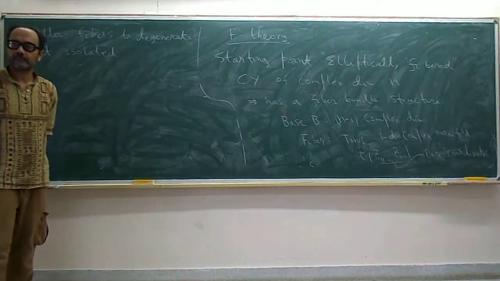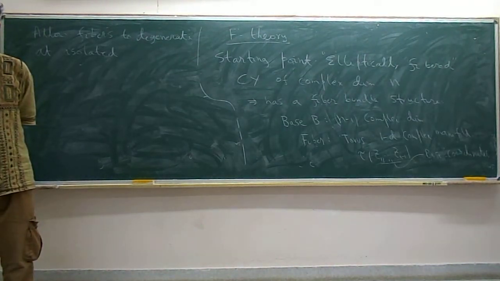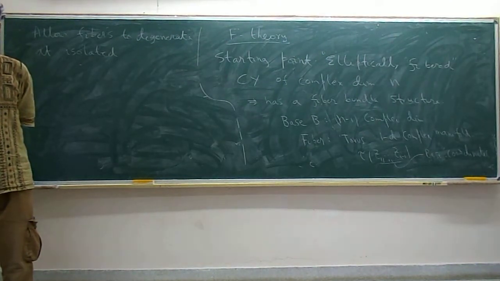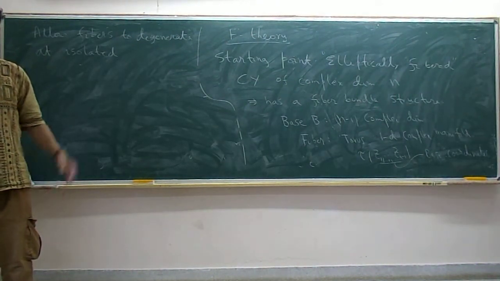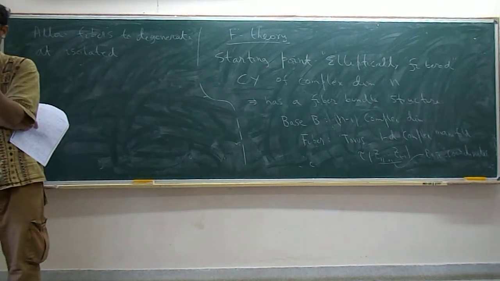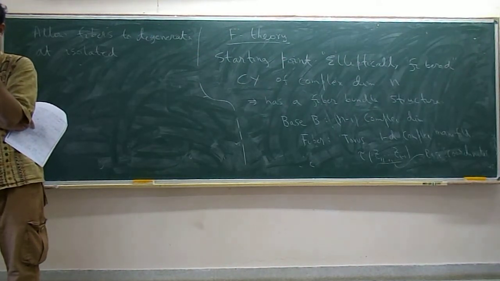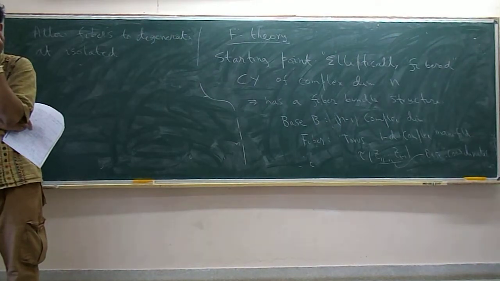How do you glue these fibers? What's the transition? We'll see. The transition function has to be some SL(2,Z) transformation on non-trivial overlap. Because if you change the torus arbitrarily, that's not possible, that's a different torus, so that's a singular manifold.